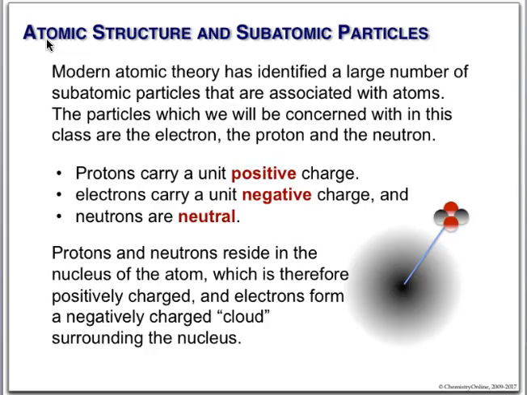The cloud is a big cloud surrounding the very teeny tiny nucleus. Virtually all of the mass in an atom is contained within the nucleus. The electrons contribute very little to the actual mass.